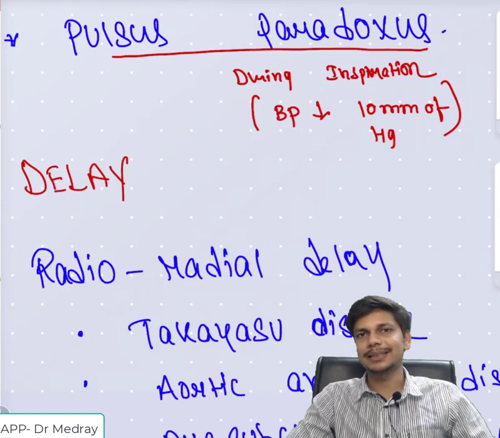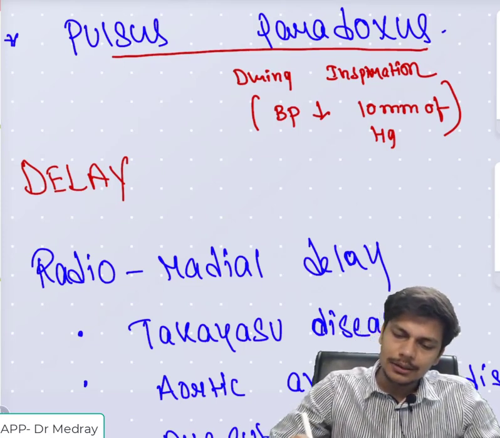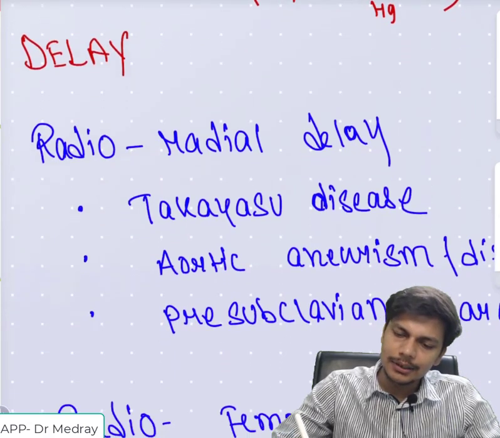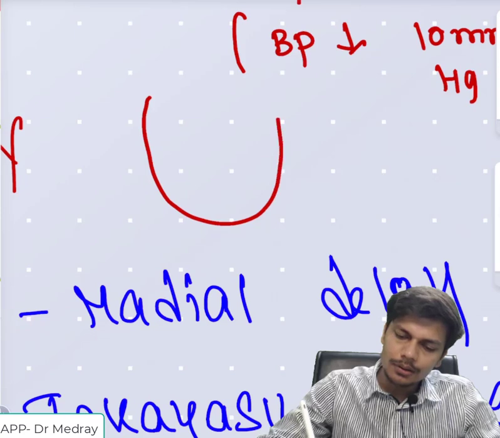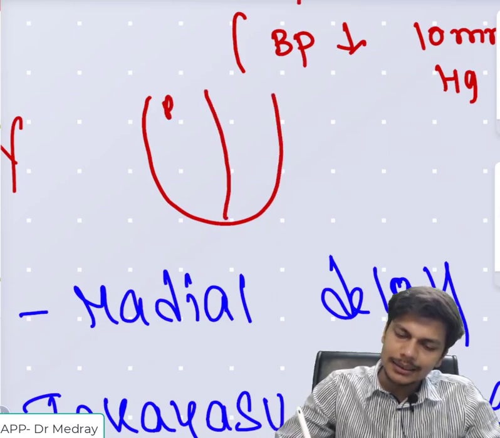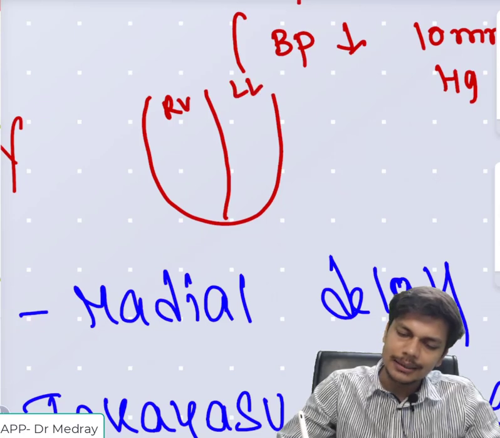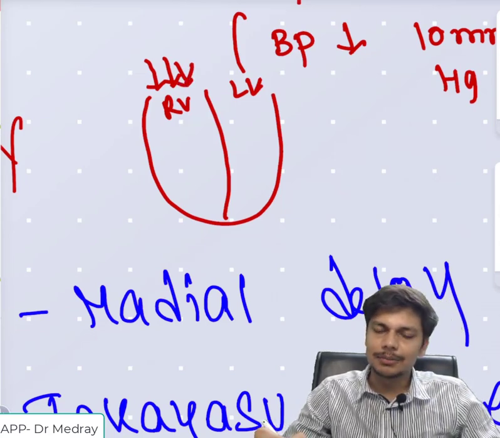Normally, why during inspiration does the blood pressure decrease? When we draw the ventricles here, this is your right ventricle and this is your left ventricle. As we know, during inspiration venous return is more, so right ventricular filling will be more.